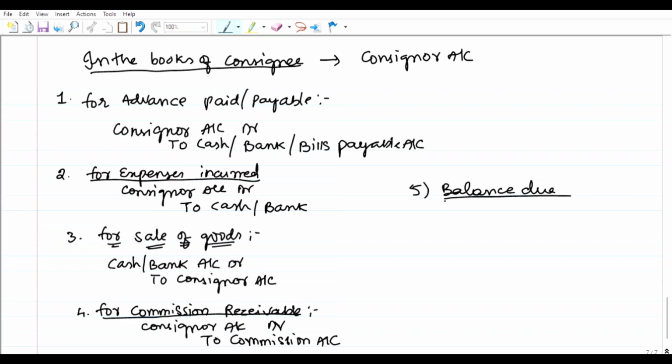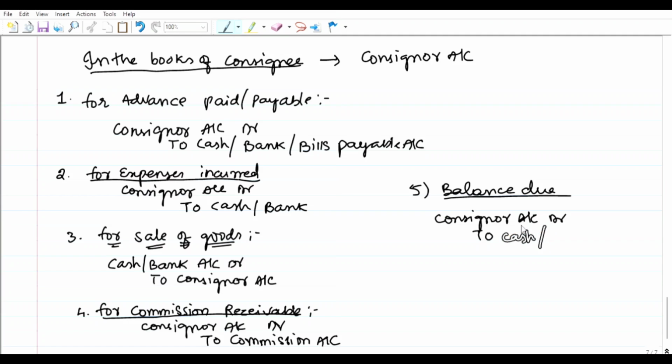So debit the receiver: consignor account debtor to cash. Usually a demand draft, or simply a draft, will be paid.